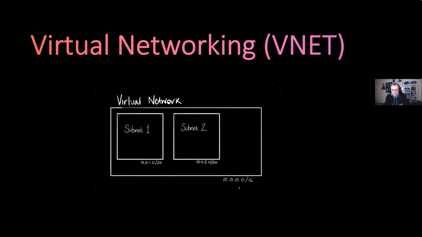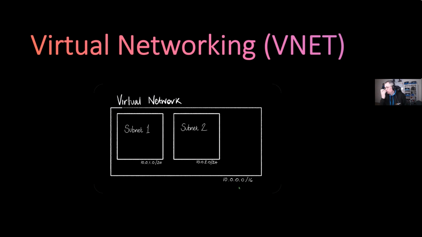Within a virtual network, you can place your resources into a number of subnets. So a subnet is just a portion of the address space of the virtual network. The subnet itself comes with additional security features called network security groups.